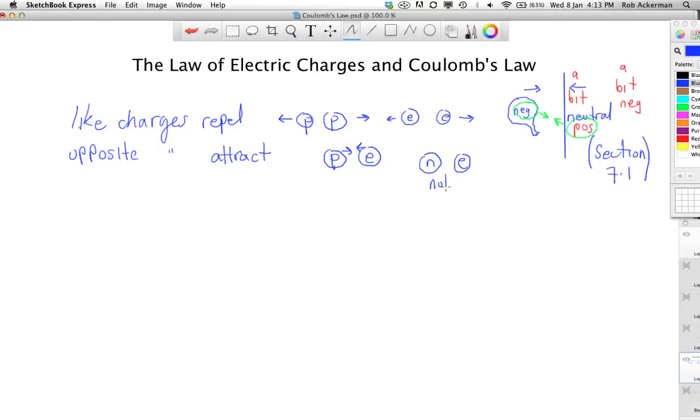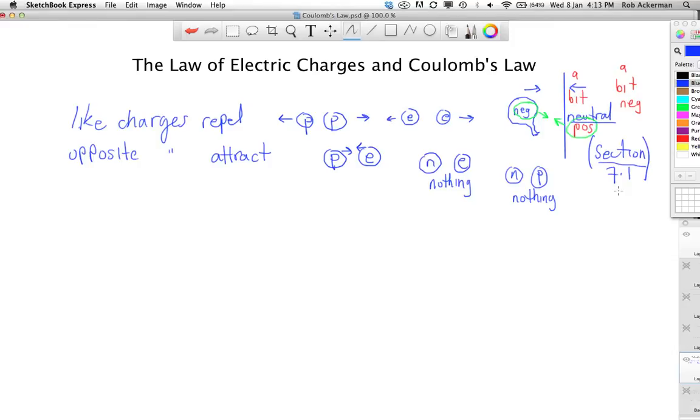There will be no electrical attraction or repulsion. And if you have a neutron and a proton, there will also be no electrical interaction there. And I just again wanted to distinguish between this situation, which are point charges, and this situation, which started with a neutral wall, yet resulted in attraction. There's something different going on here.